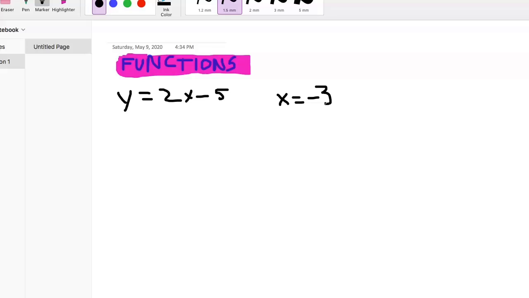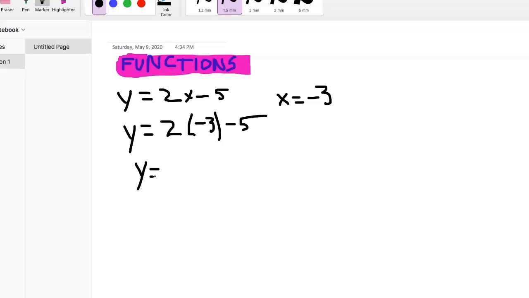Okay, so this one says y equals 2x minus 5, given that x equals negative 3. So we're just going to plug in that negative 3 where the x is and solve. So I get 2 times negative 3 minus 5.